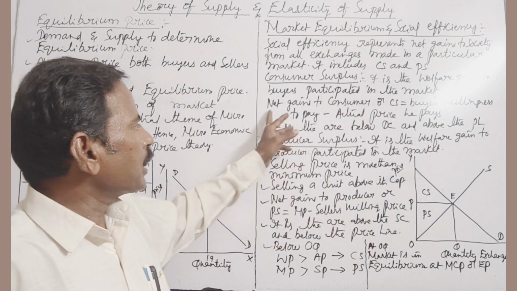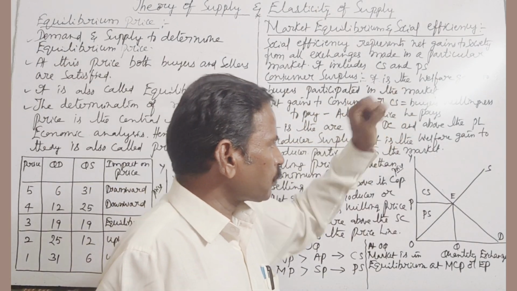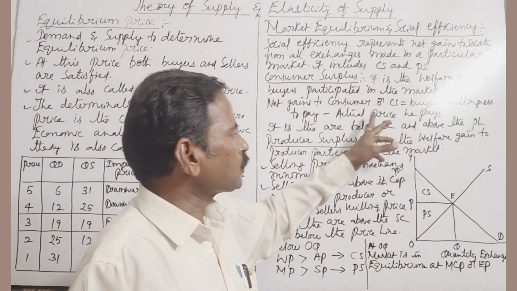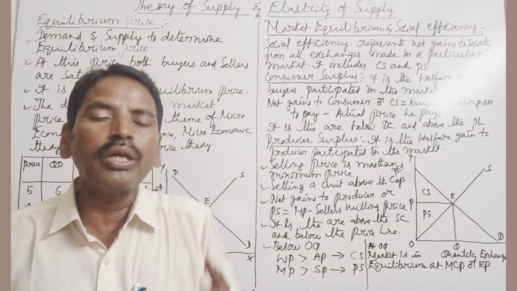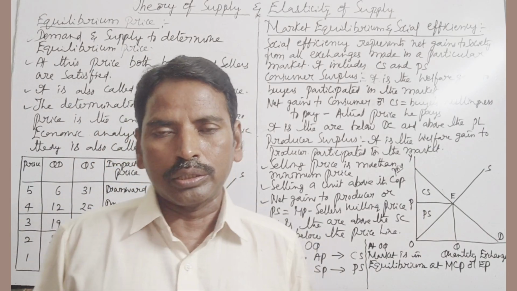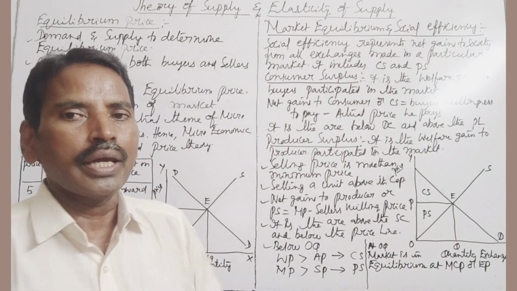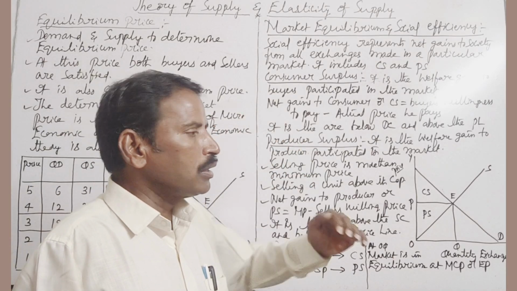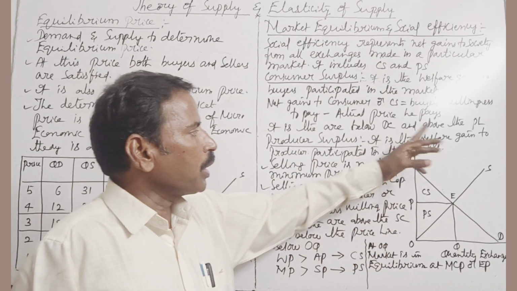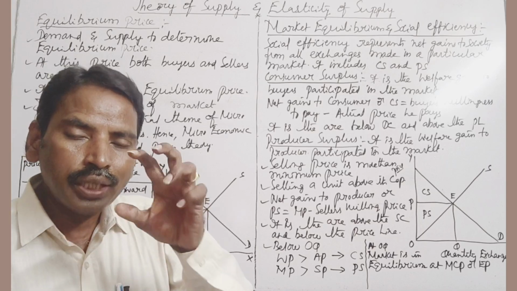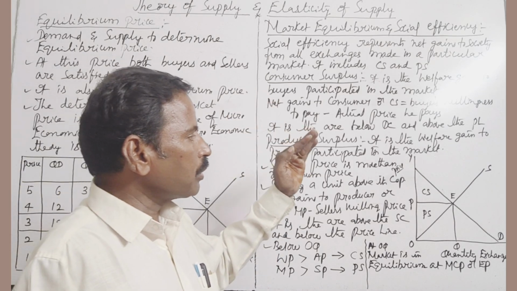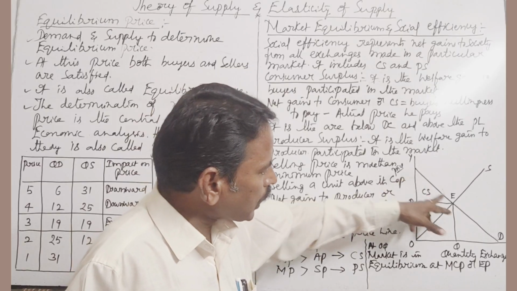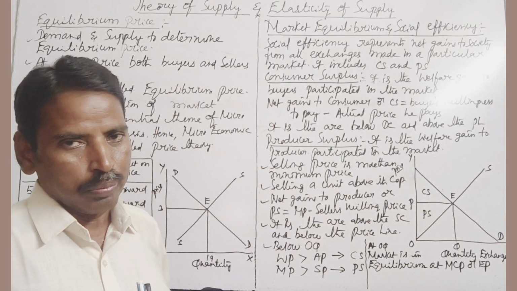That means buyer's willingness to pay minus actual price. It is the area below the demand curve and above the price line. This triangle is called consumer surplus.